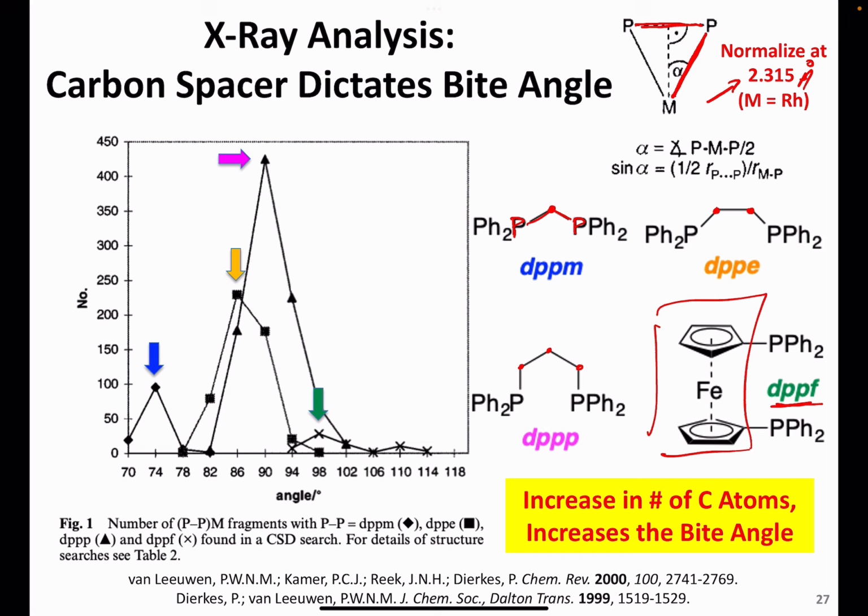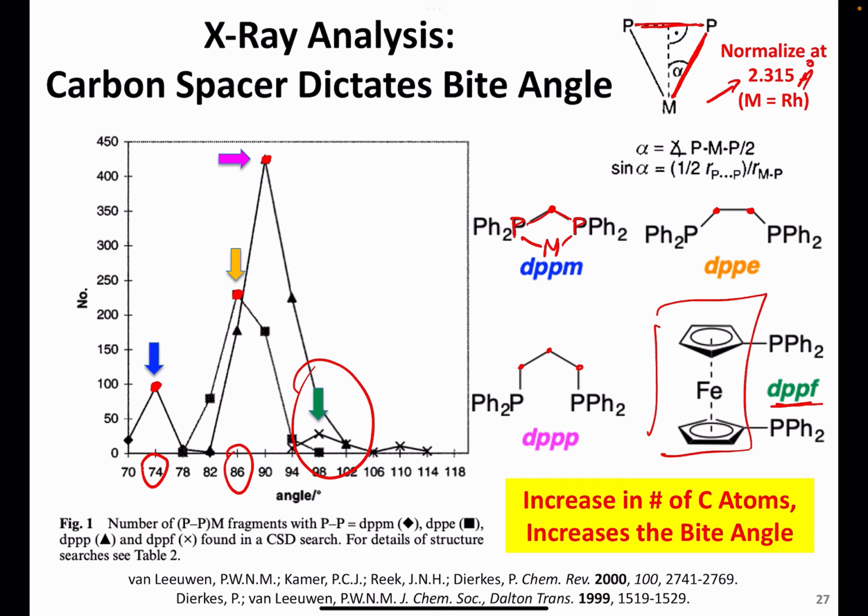Notice the blue arrow tells you that the bite angle, the PMP angle, using diphenylphosphinomethane is usually approximately 74 degrees. As you open up the spacer or add more carbon atoms in the spacer, DPPE is usually about 86 degrees, the bite angle. DPPP goes all the way up to 90 degrees. And in DPPF, you're hovering around 100 degrees.